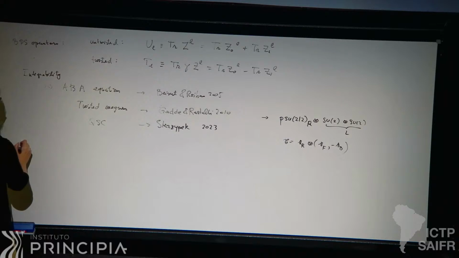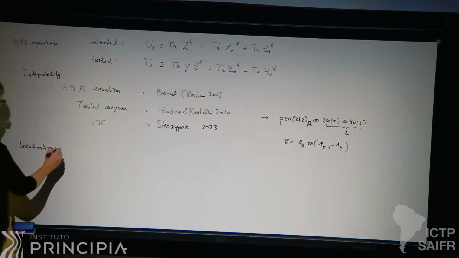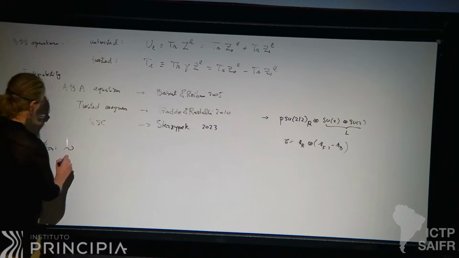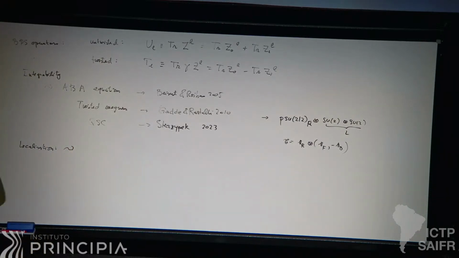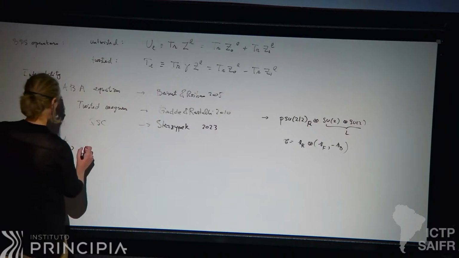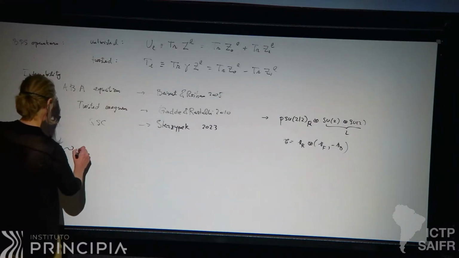And we have from localization. Using localization we can reduce the computation of supersymmetric quantities to quantities which do not break supersymmetry.